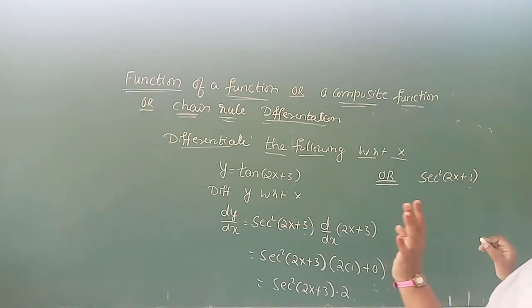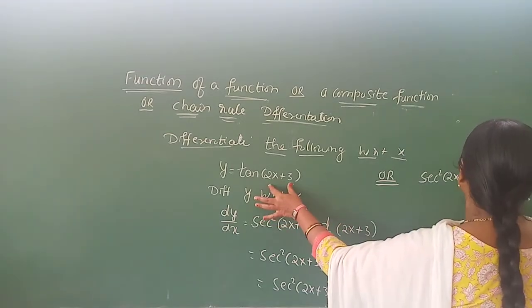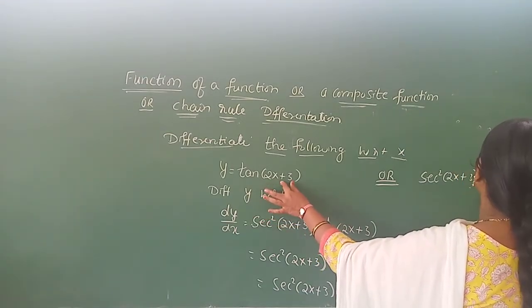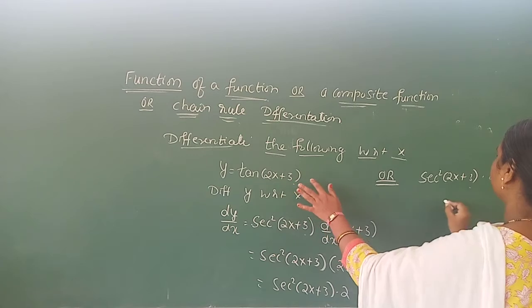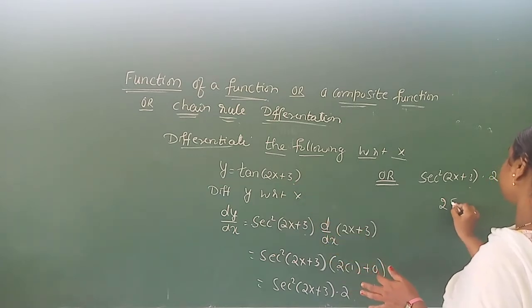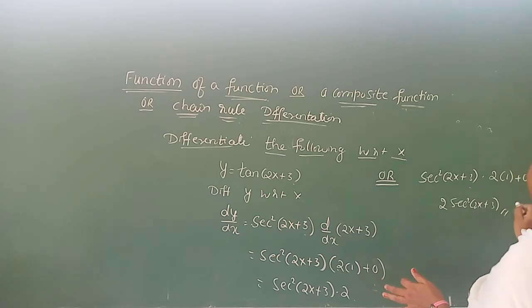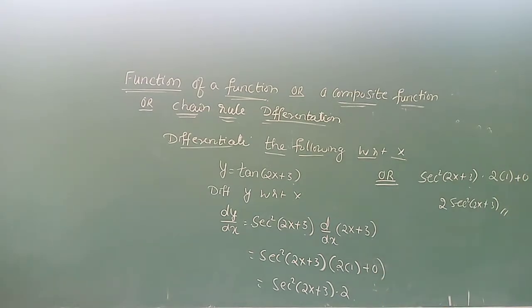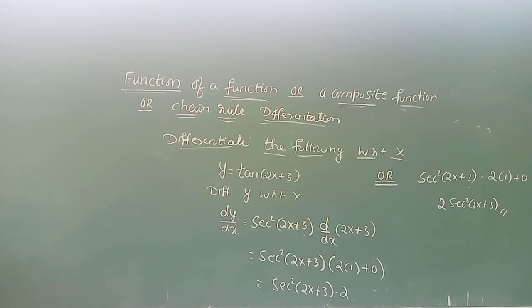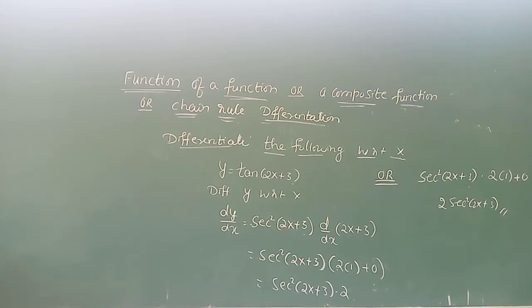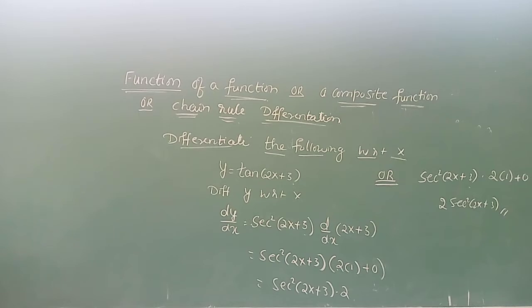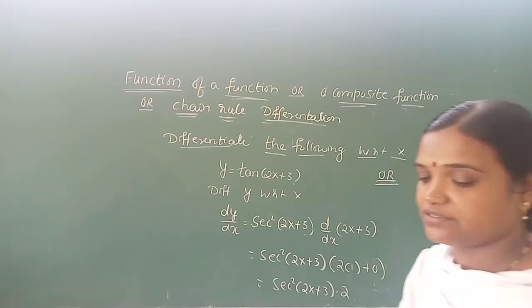Next, do the differentiation of this. x differential is 1, constant is 0, means we can write it is 2 secant square 2x plus 3 is the answer. In this way we can do the example. Any one method we can apply. Just write down the answer.